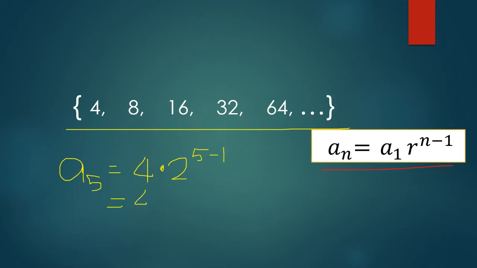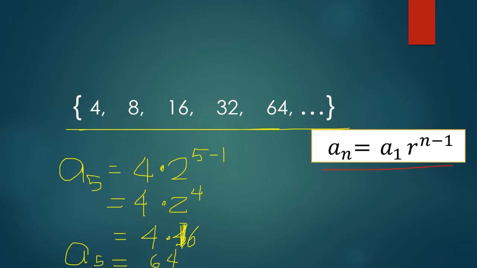So we have 4 times 2 raised to the 4th power. 2 to the 4th is 16, and 4 times 16 gives us 64. So our fifth term in the geometric sequence is 64.